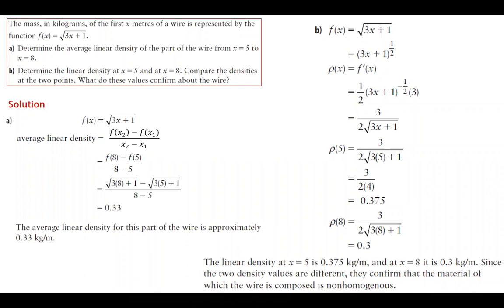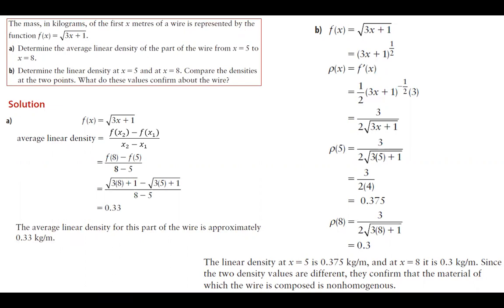Next, in order to find the linear density at some point x, we need to differentiate f(x). So the linear density at any point x is defined as df/dx, which is given by 1 over 2 times (3x plus 1) raised to the power of negative 1/2 times 3.